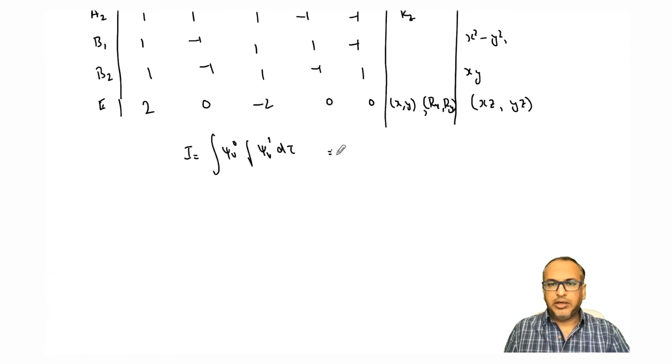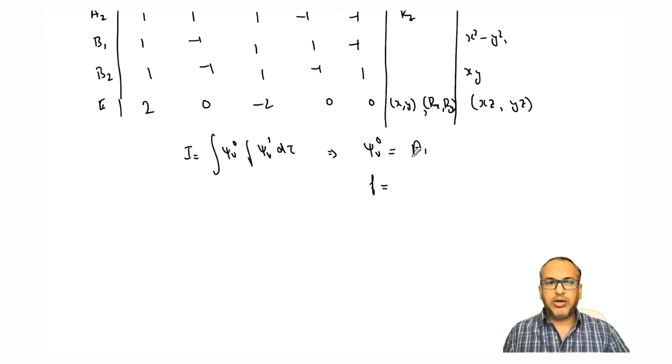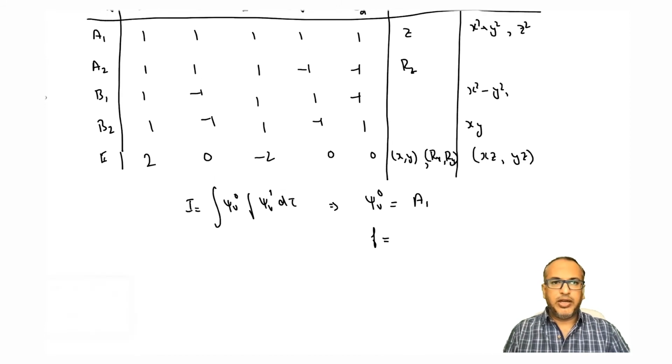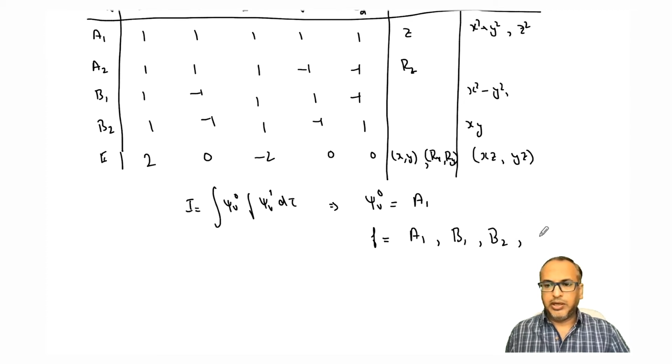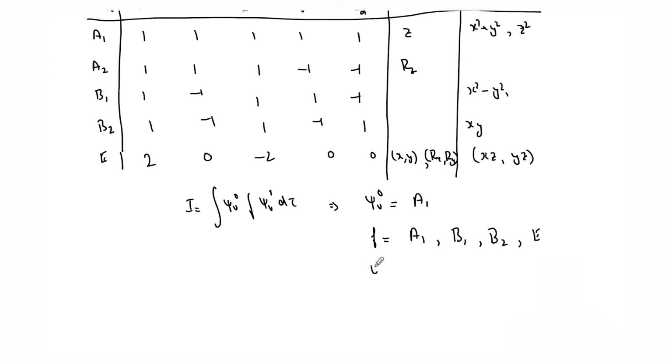Now I know that psi v0 is a1, totally symmetric representation. Now what are my f's? What are the possibilities for f's? So f can take the value a1 because of this, then b1, then b2, and so that means my psi v1 will also be of these forms.